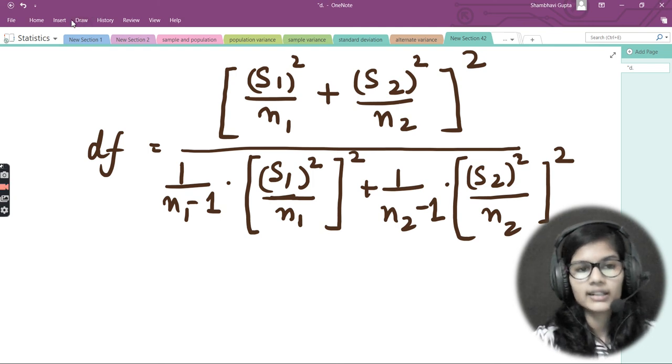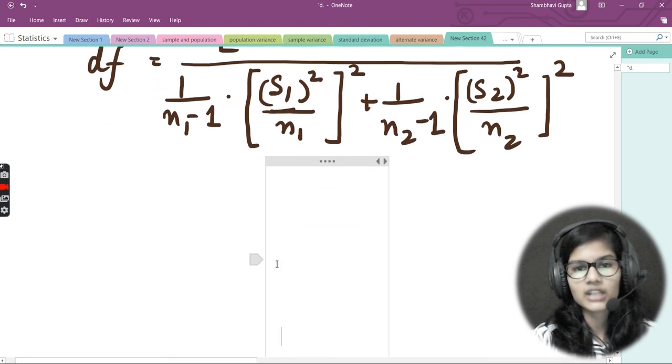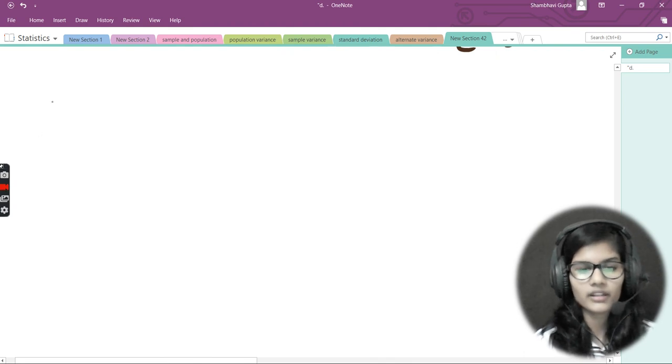So this is the formula which we have for calculating the degrees of freedom. Now let me come down and put the things here. Let me tell you what the things mean.